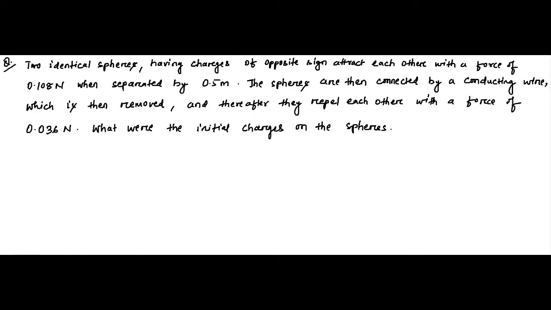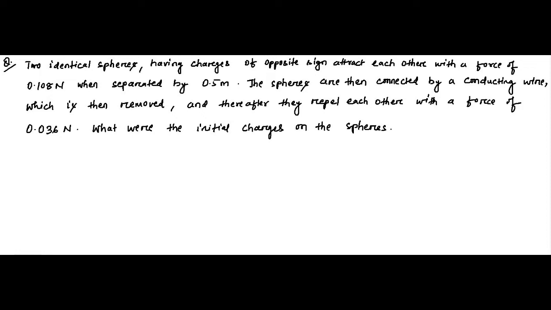Hello friends, so here we are with another question on electric charges and Coulomb's law. The question is that two identical spheres having opposite sign attract each other with a force of 0.108 Newton, and the separation distance is 0.5 meter.